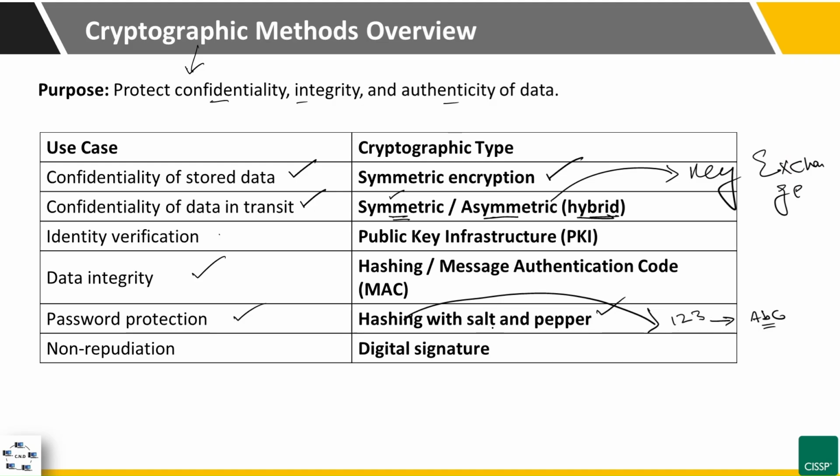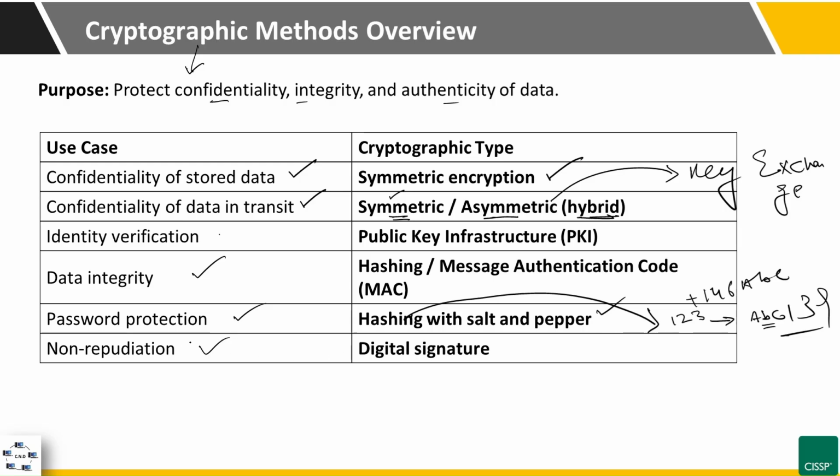If you use salt and pepper with the hash, the same password will not result in the same hash each time, because besides the password, a salt, a truly random value such as 146ABC, is added, so it will result in something else.